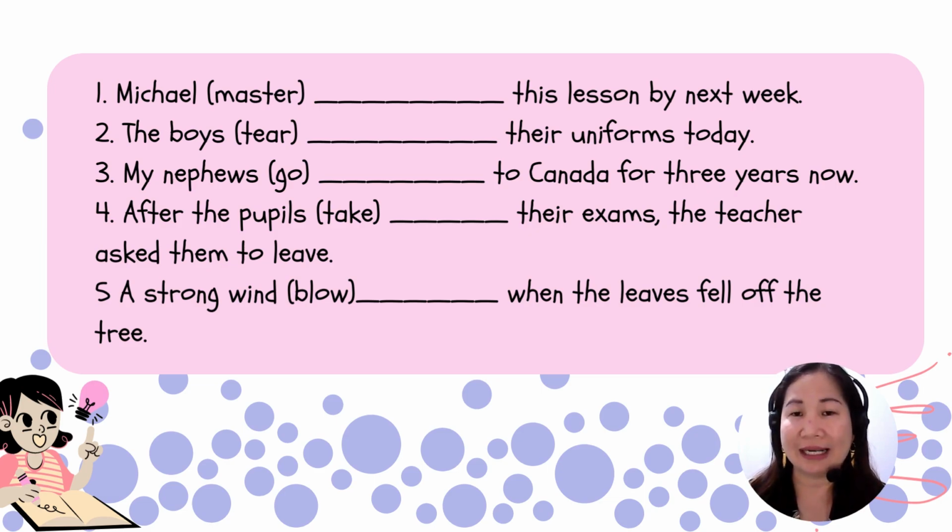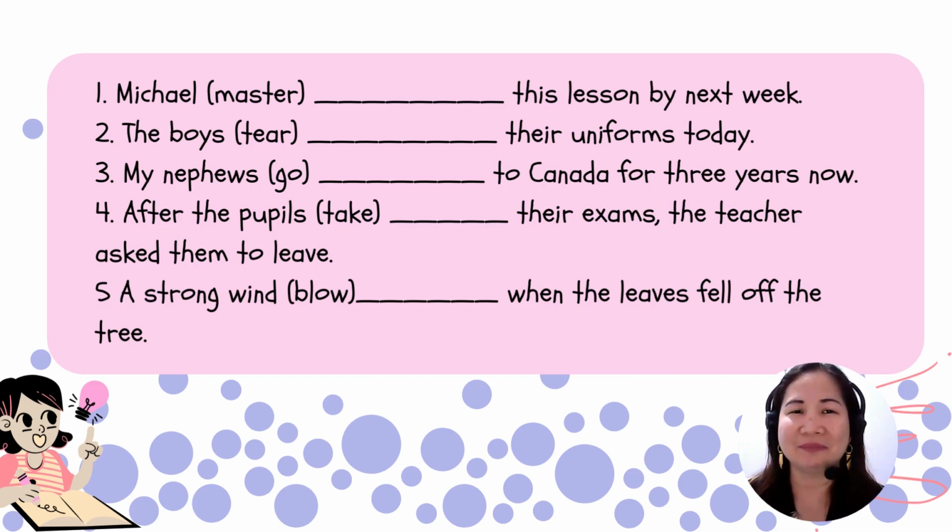Here are the sentences that we need to analyze to identify what verb we are going to use for these perfect tenses. Let's start with number 1. Michael master this lesson by next week. What do you think is the answer? You can write it in your notebook.